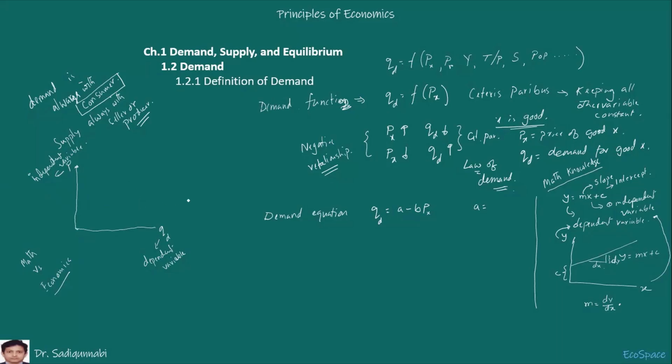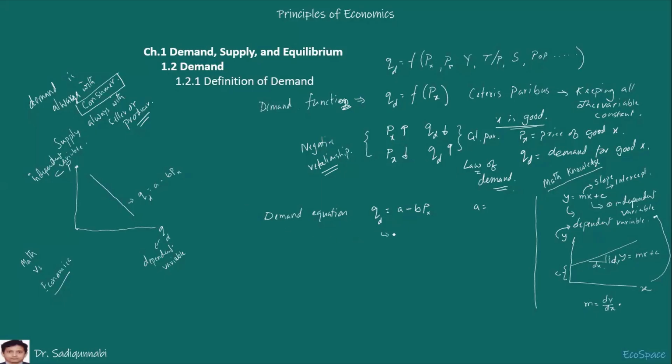All right. When we talk about the demand equation, there is a minus sign, so there is a negative relationship between price and quantity demanded. So we can say that the demand function is downward sloping like this. So this is QD is A minus BP or PX.